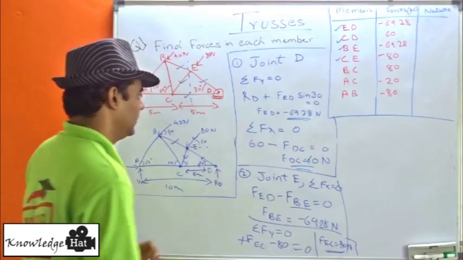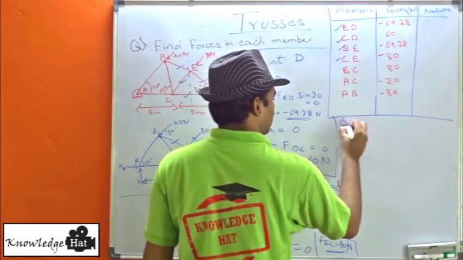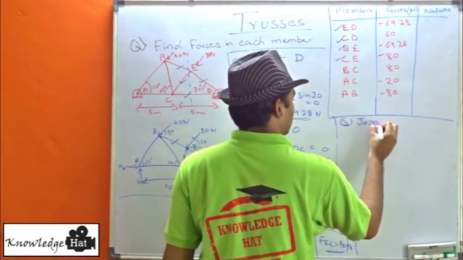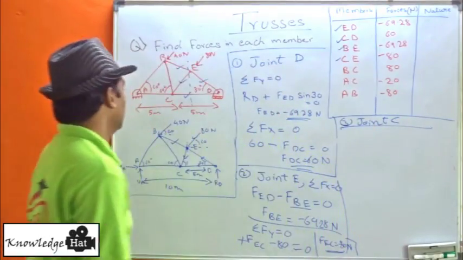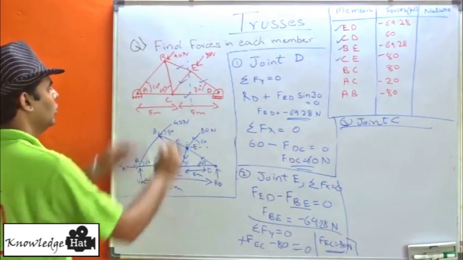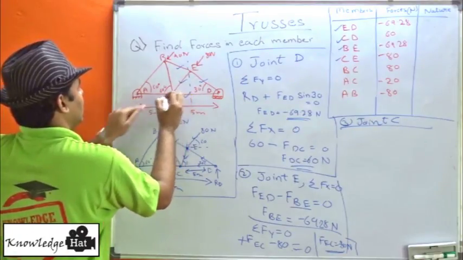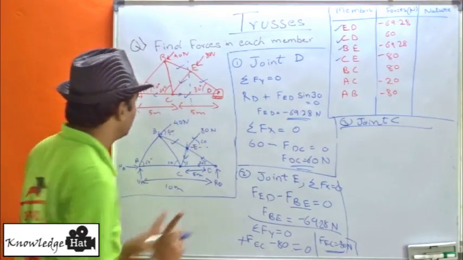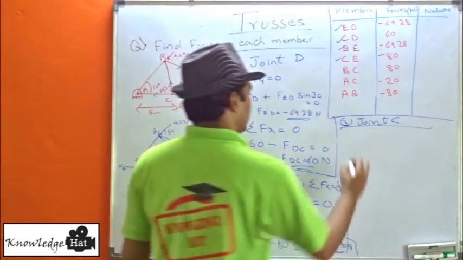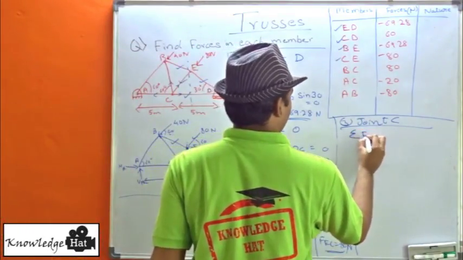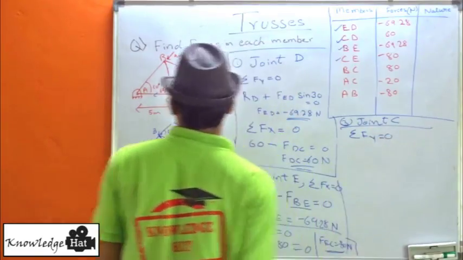At joint C, there are two forces in horizontal direction, this and this, and there are only two forces in vertical direction here. So we take summation Fy first, equating it to 0.